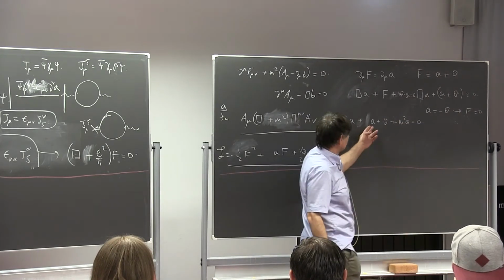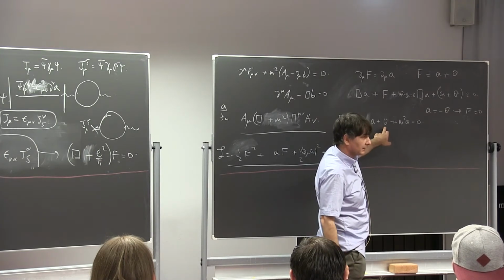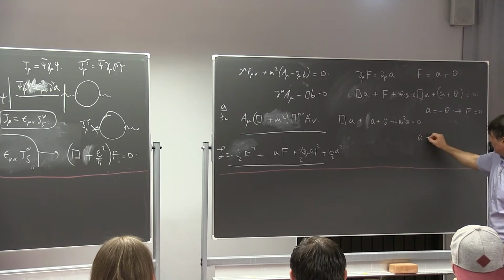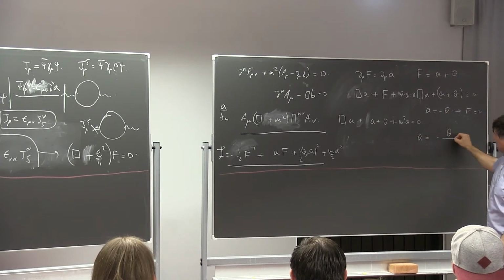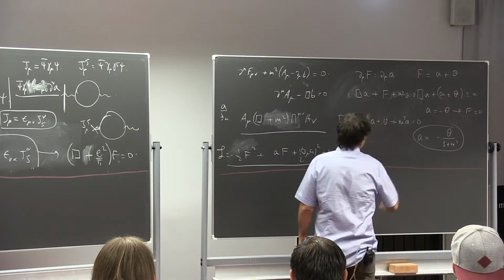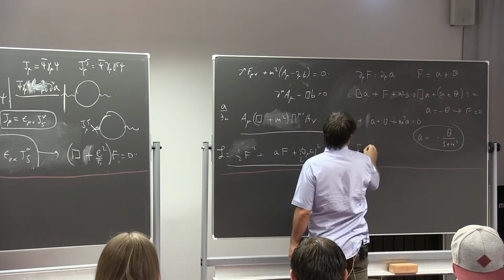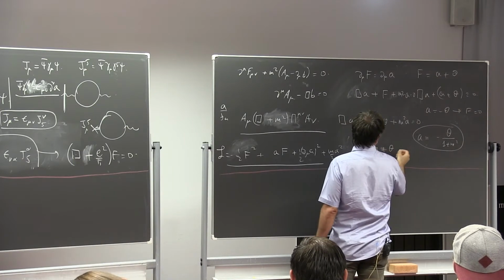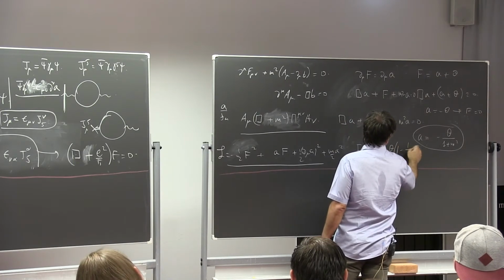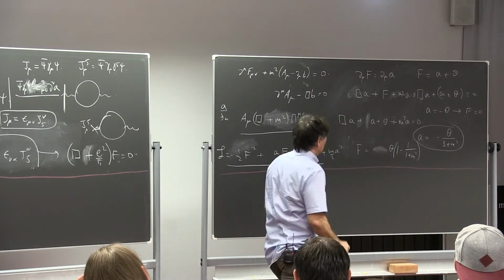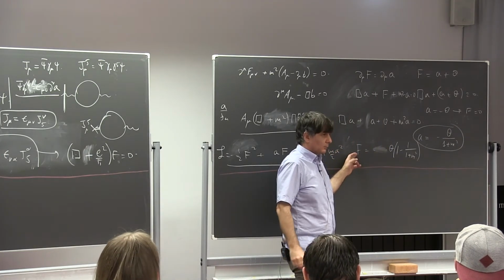Where is the vacuum of this theory? It's no longer at minus theta. It's shifted, right? So where? So the vacuum of this theory is now at minus theta over 1 plus m squared. Right? Now if I take this and plug it back there, I will get that F is no longer 0.